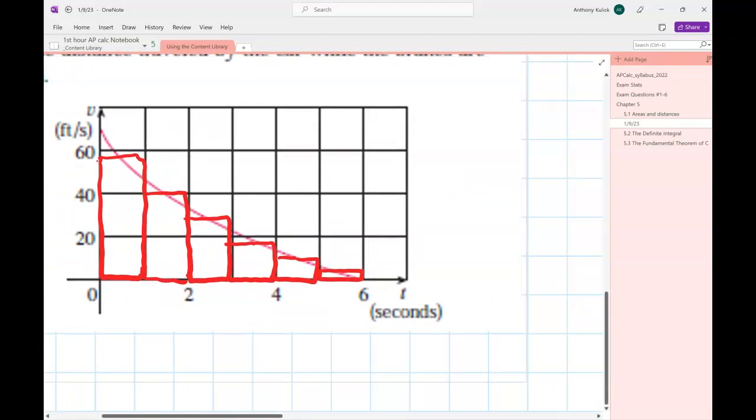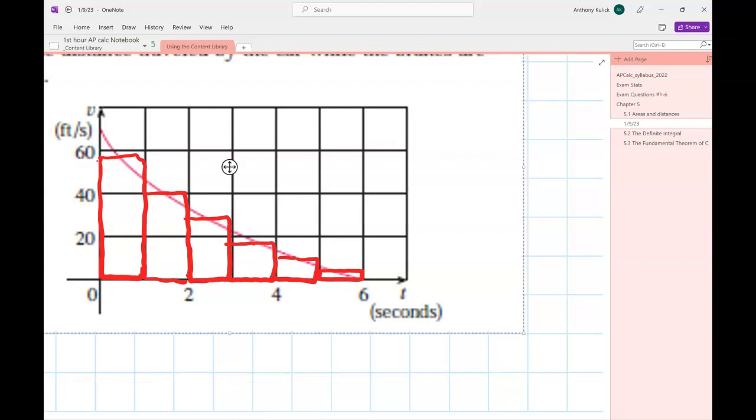And I'm just going to estimate the height. I'm just going to write it above, just so I have it written down somewhere. So I don't know, what does that look like? 58 or 59 to you? Does it really matter? I don't know that you can really tell. I'll call it 58.